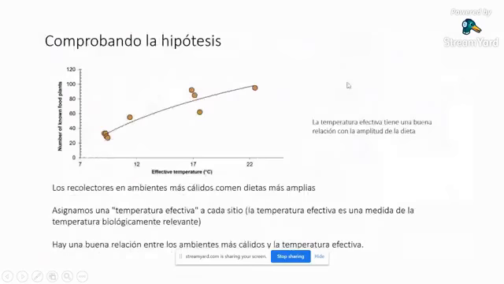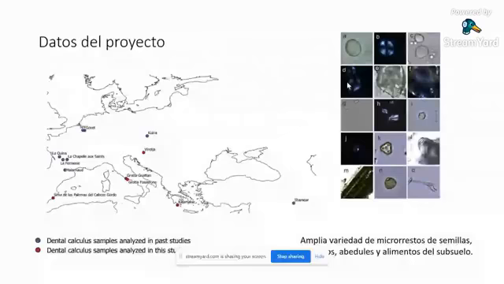I guess the challenge with microbotanical remains often is that you can have some microremains that are not easy to identify, or not necessarily distinct, and you might have several microremains from one plant, and then another plant might have no microremains.